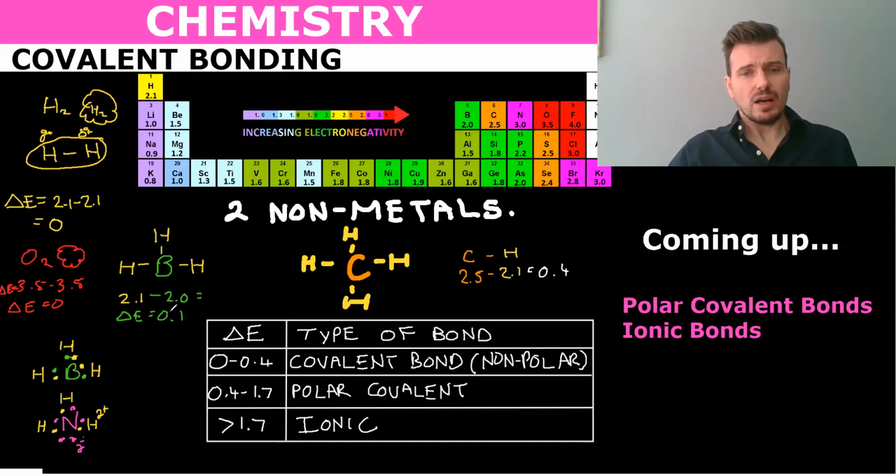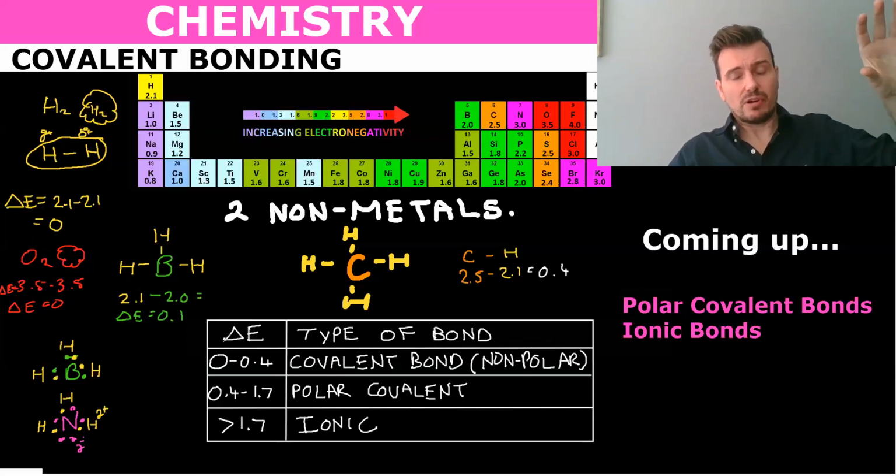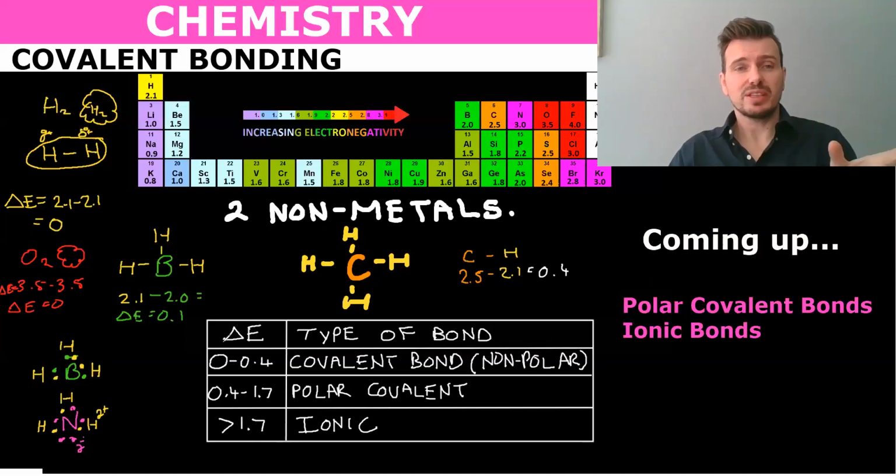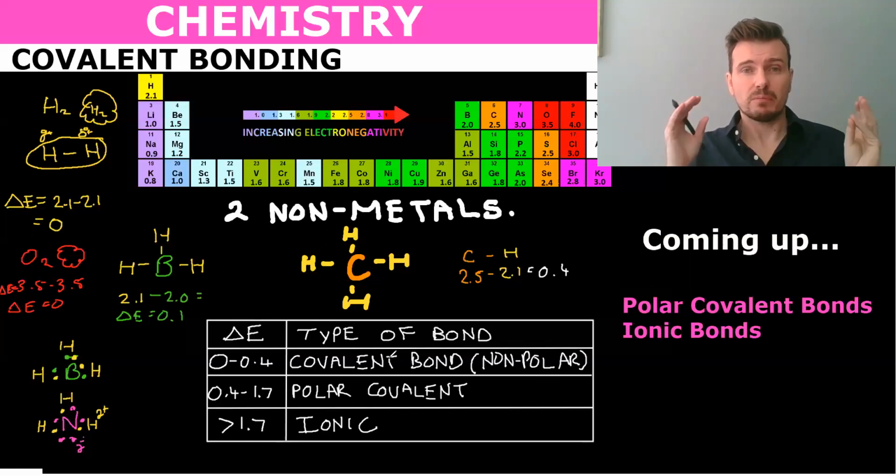So that's covalent bonding. As far as drawing the molecules, that's a little bit more confusing, but just look at the electronegativities in the periodic table, and if you see that it's 0 to 0.4, you can say that it's a pure covalent bond, meaning non-polar.